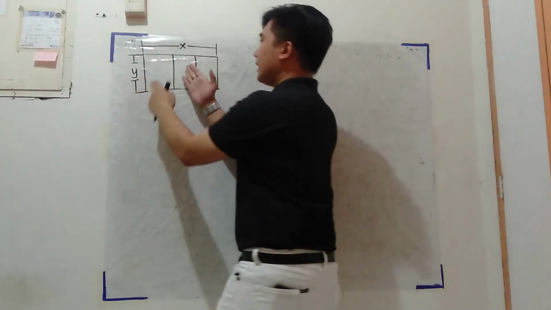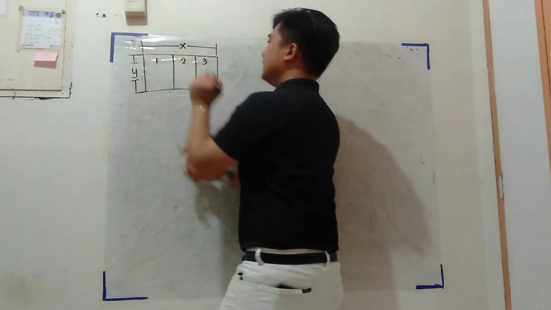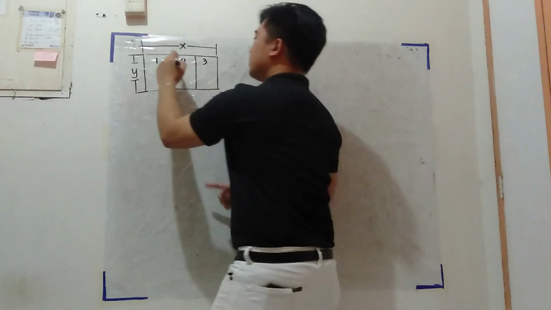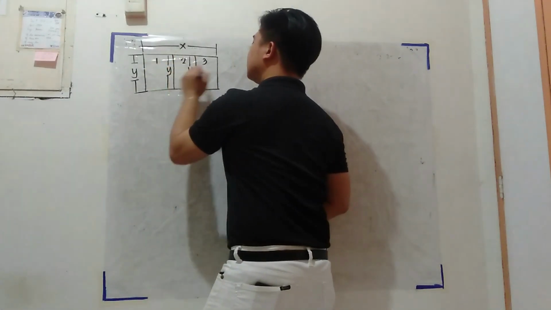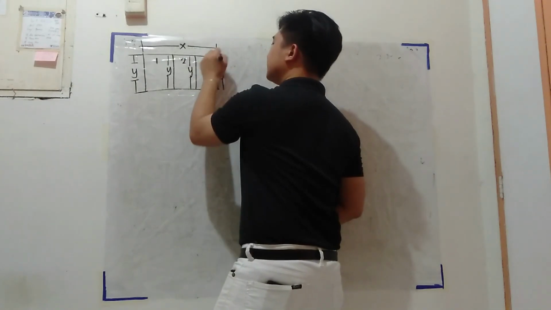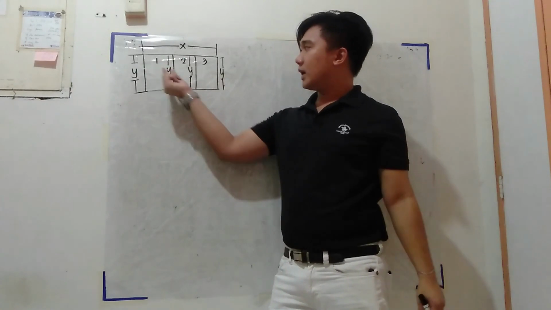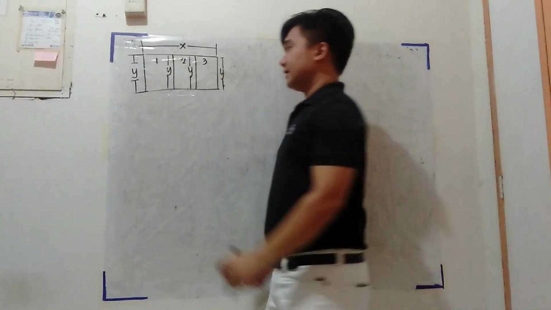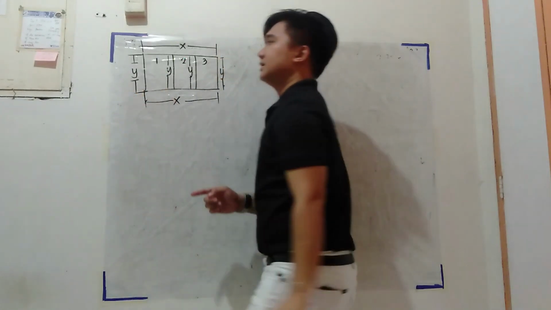So, para kay lot 1, ito. So, 1, 2, 3. Lot 1, lot 2, lot 3. So, may bakod ka din dito at may bakod ka din dito at babakuran mo din ito. Okay? Para ma-enclose mo yung lot 1, lot 2, at lot 3. Also, again, this is x. Okay?